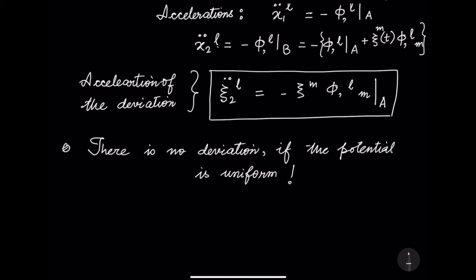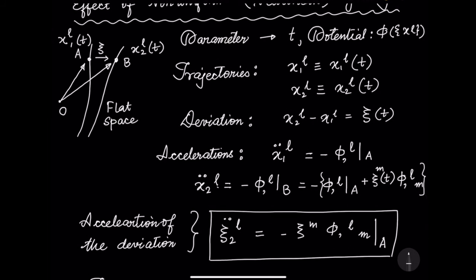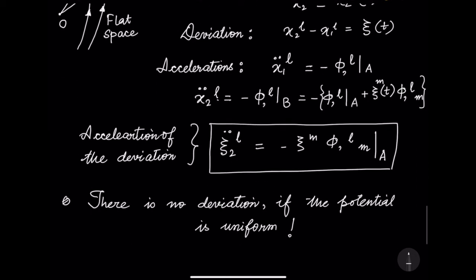This is interesting because what it is telling you is that if the observer, so now imagine that there are two observers passing by these two trajectories, at different times, at different points in the trajectory. But as one observer looks at the other, if the gravitational field is completely uniform, then they will see nothing changing. For them, the other observer will be always stationary.